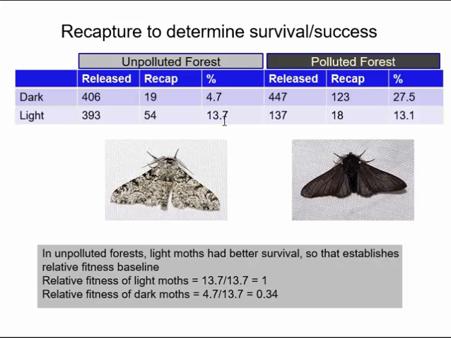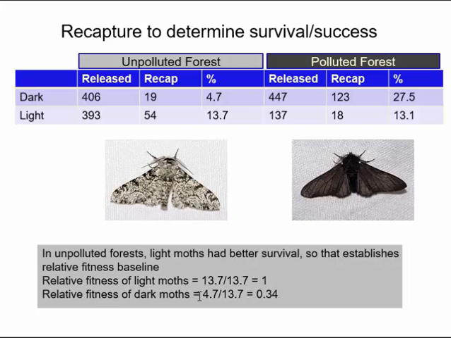So we can now figure out what the relative fitness of a dark versus light colored moth is in an unpolluted forest. We take the bigger number here as the baseline. You're always choosing the bigger number first. And we can say the relative fitness of light moths in a light forest is 1. That sets the standard, so to speak.